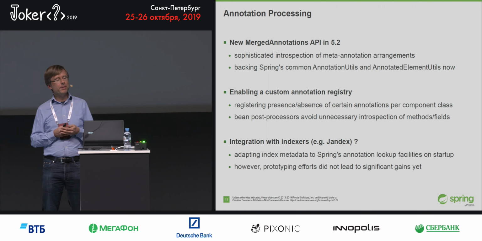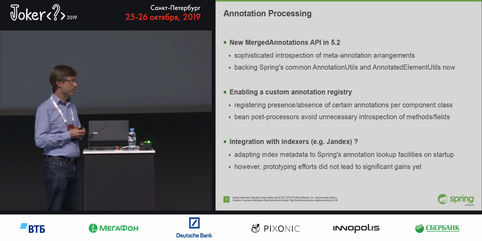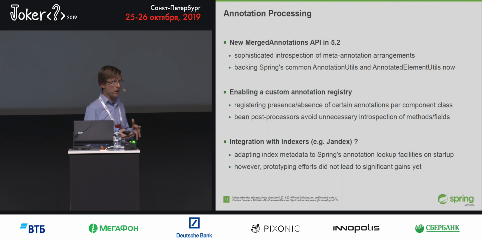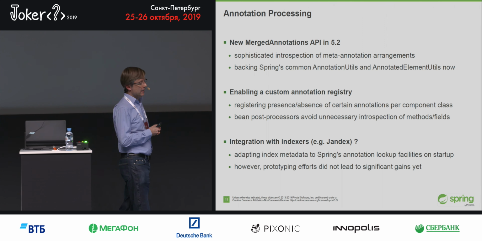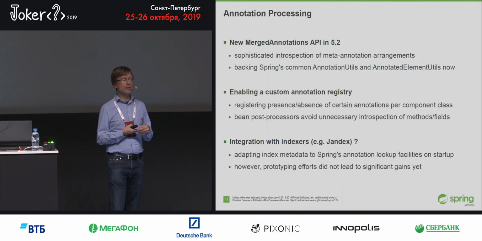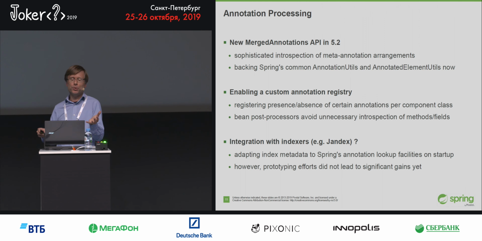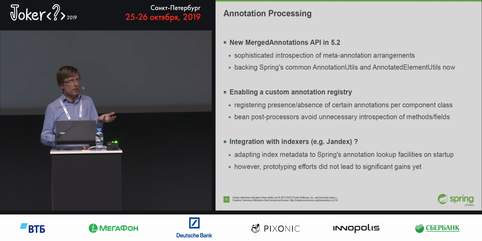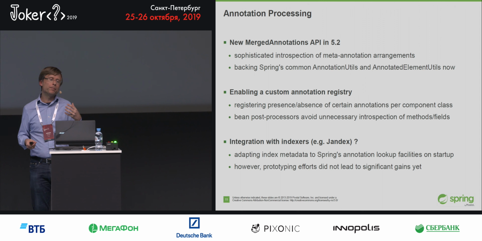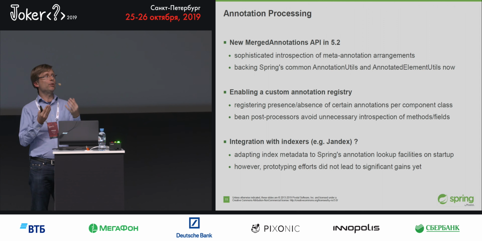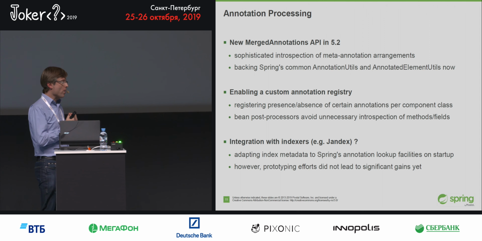There's another, maybe less obvious one. It's mostly about CPU cycles here, not about file system I/O. Annotation processing can be costly, partly due to design decisions in the JDK, where the way that annotations are represented at runtime is quite inefficient.